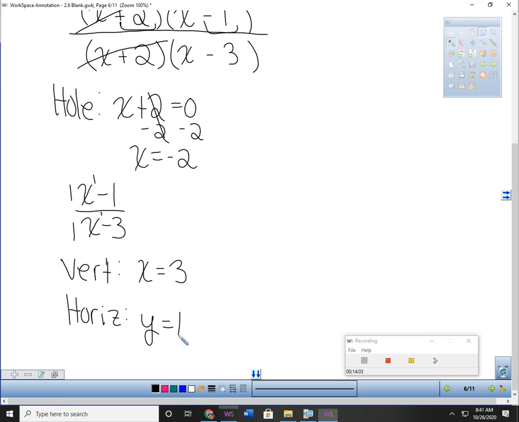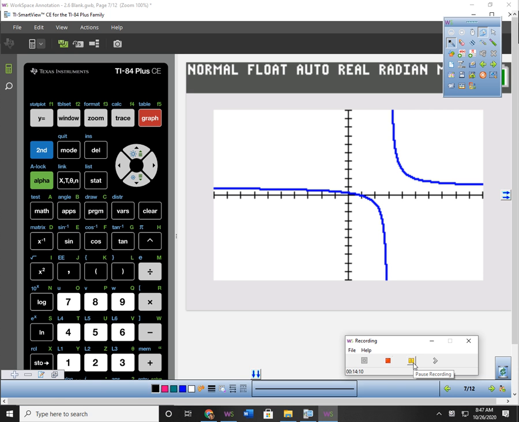Now, I will tell you this. Let's graph this and take a look at it. All right, so if you look at the graph of this, you've got your vertical asymptote at 3, which is right here, right? I can't hit that because I'm blind. Okay? And then you have your horizontal asymptote at 1.